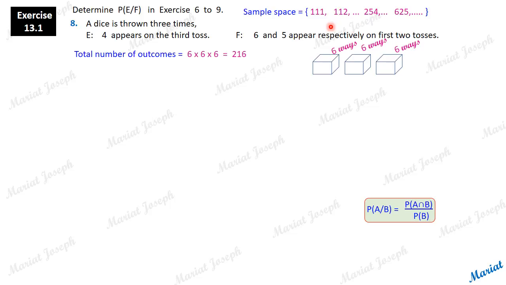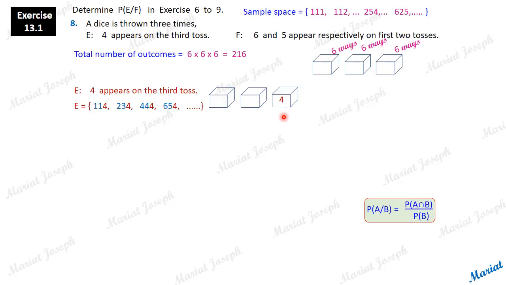Now, let's consider which of these outcomes will satisfy the condition that 4 appears on the third toss. We need to consider cases like this. The third toss should result in 4; the last number should be 4. So, how many outcomes could there be? Look, the last number should be 4, that is, the third toss should give you 4.